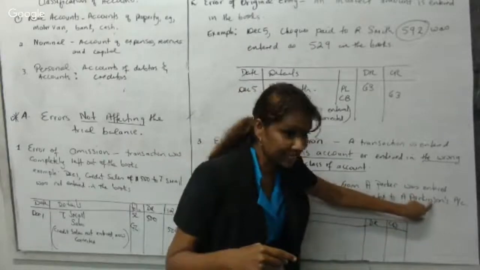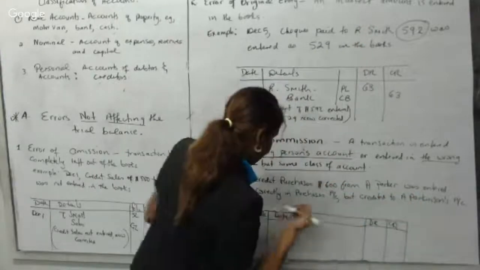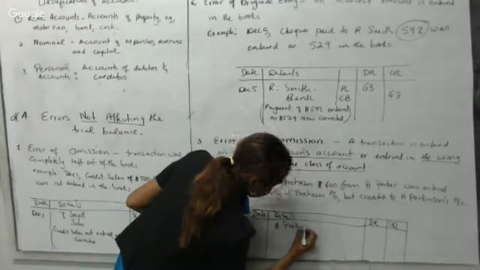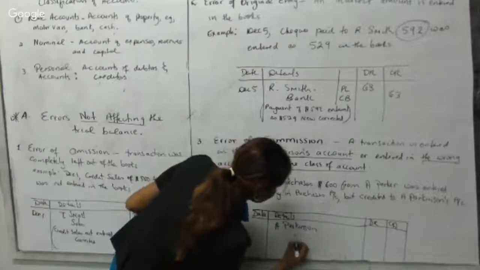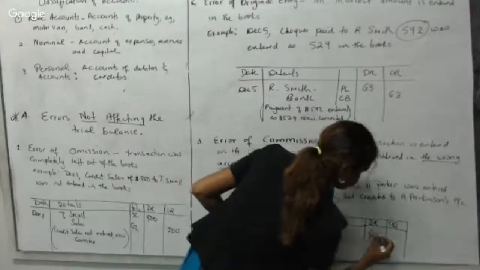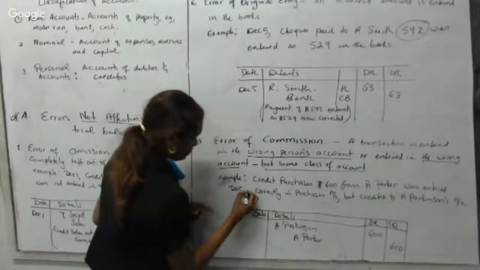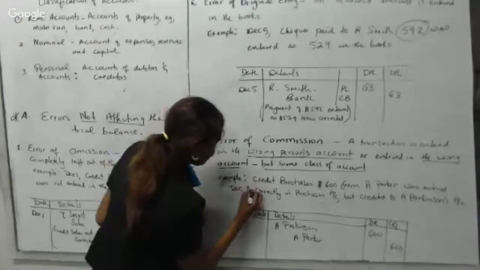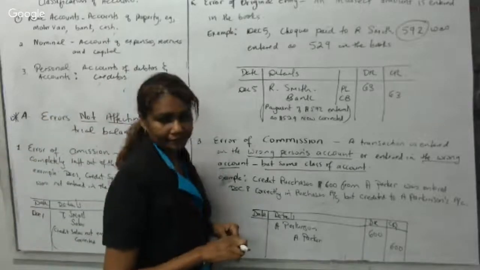If this was credited in error, you have to cancel the credit entry from here by debiting A. Parkinson, and crediting the correct account now, which is A. Parker. 600, 600. Let's say this was December 8. It doesn't really matter.